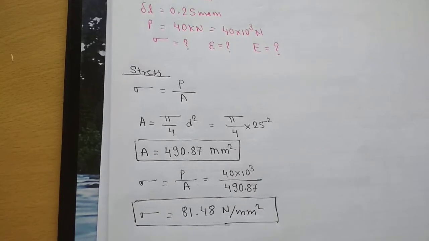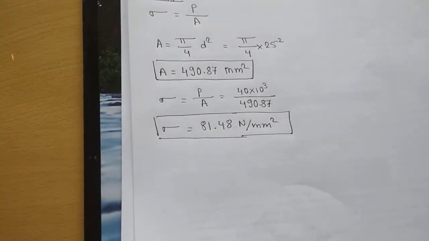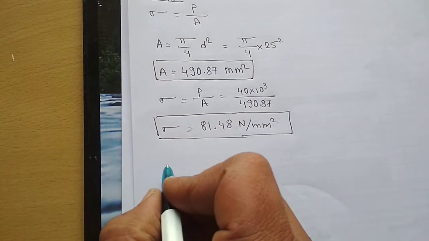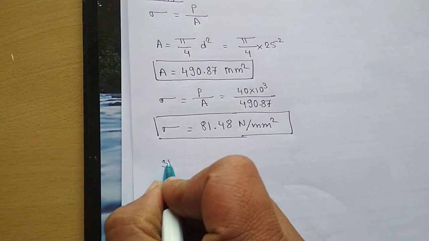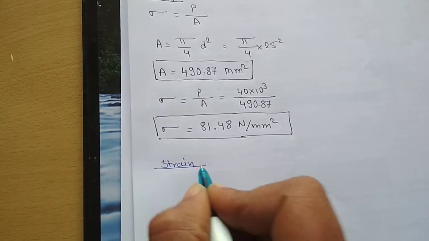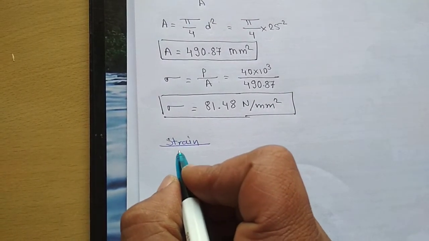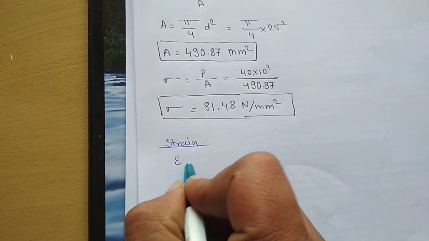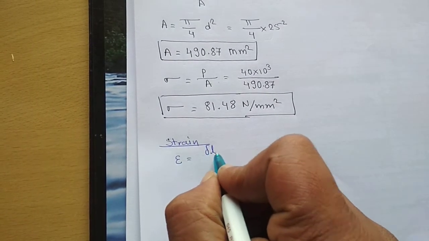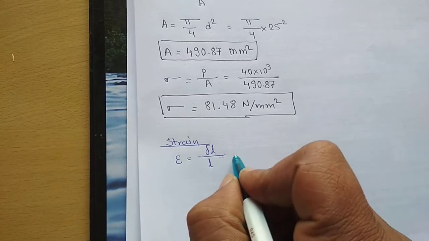After that we will find strain. To find strain, we will write down the main formula of strain, that is change in length by original length. Why?